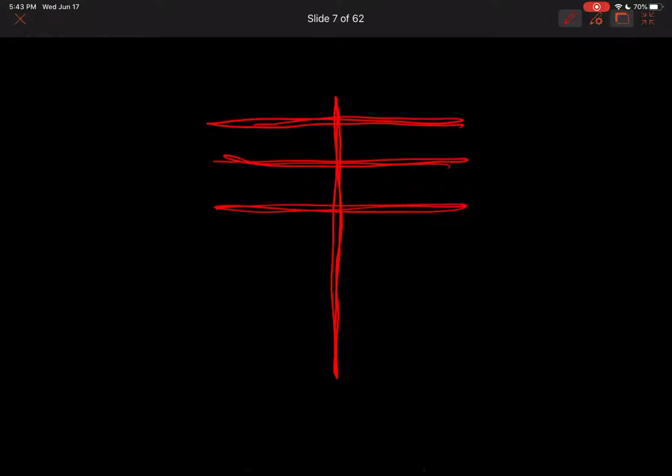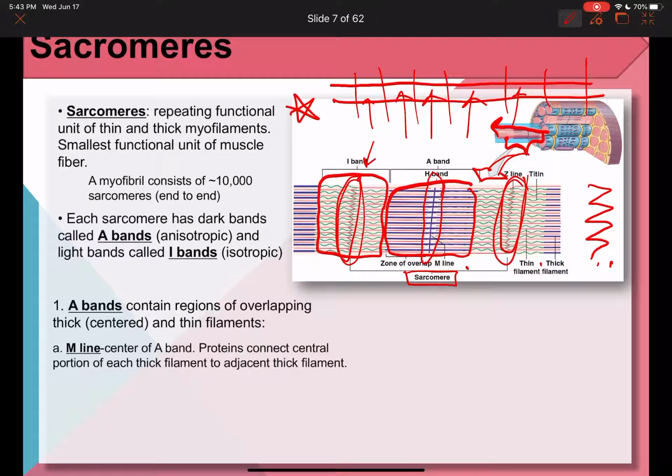Okay, and then you have your myosin thick filament. So this is the M line, and it connects these, this side and this side, those myosin or thick filaments together to that M line. That's what it's referring to, okay?